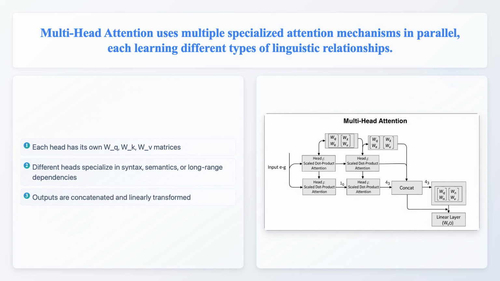For data scientists, multi-head attention is crucial because different NLP tasks benefit from different types of relationships. Machine translation needs syntactic understanding, sentiment analysis needs semantic relationships, and question answering needs long-range reasoning. Multi-head attention captures all these patterns simultaneously, making transformers remarkably versatile.